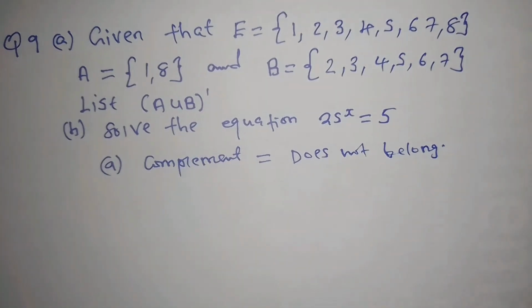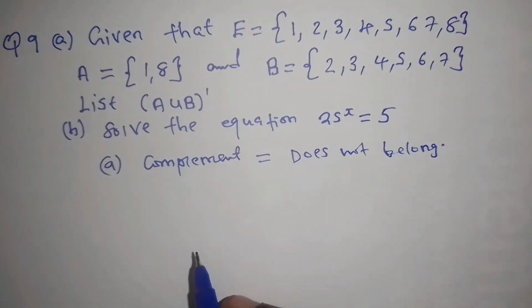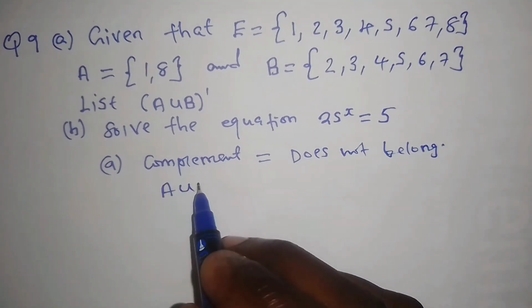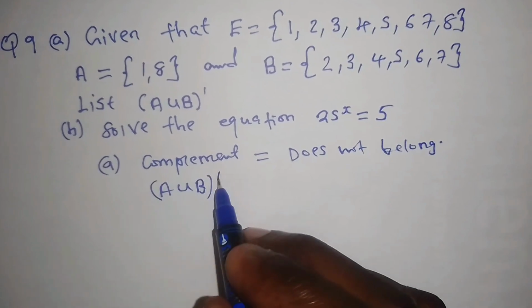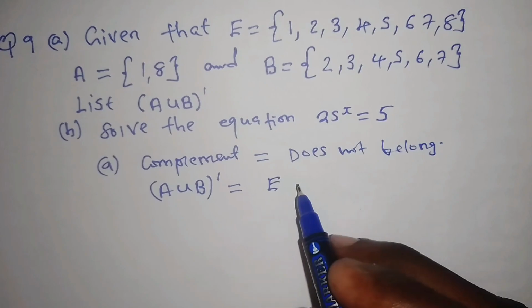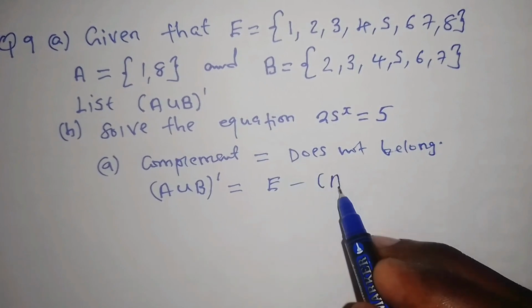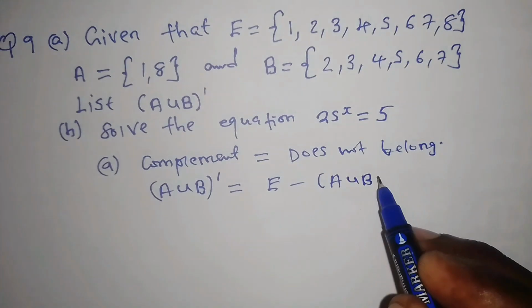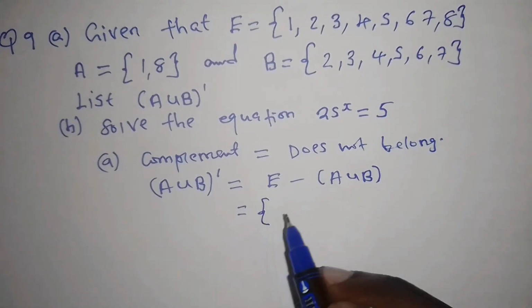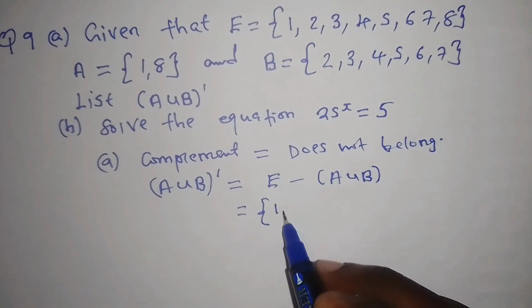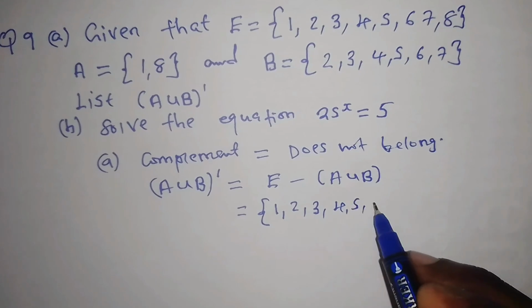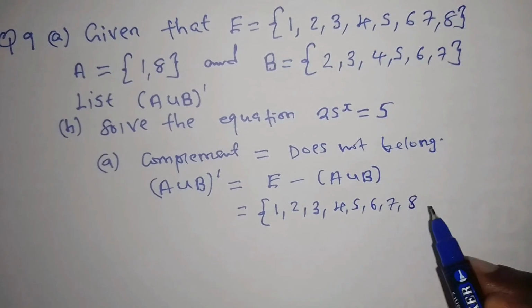So from there, after you understand the complement, (A union B) complement is the same as whatever is in the universal set minus A union B. So we understand that the universal set has 1, 2, 3, 4, 5, 6, 7, 8.